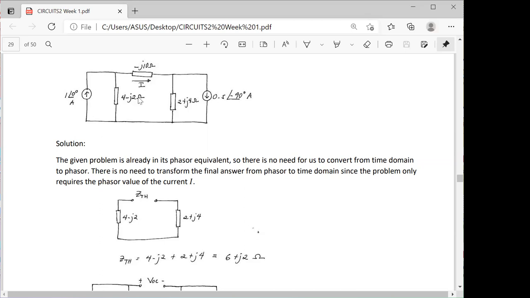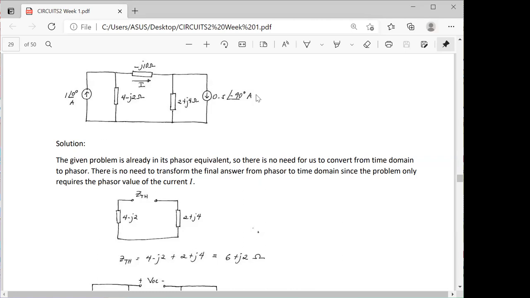So once we open these two current sources, we'll notice that these two impedances are in series with respect to the open terminal for this Z sub th. So when we solve our Z sub th, we remove this negative J10, and from this terminal of our negative J10, we place our Z sub th.